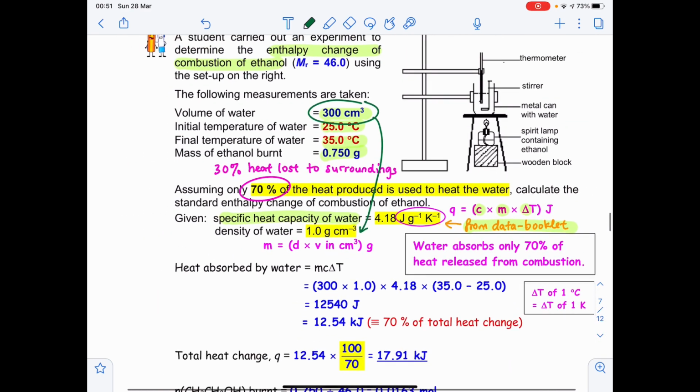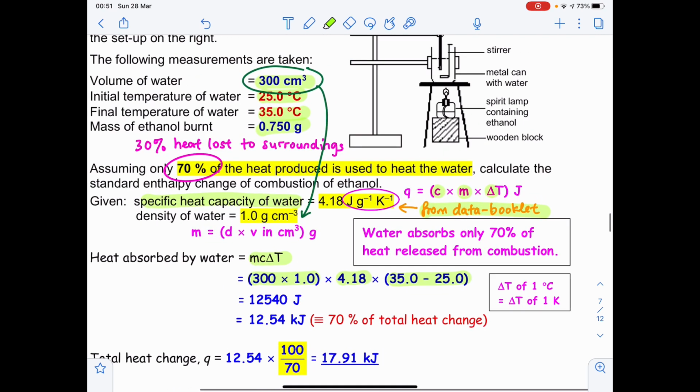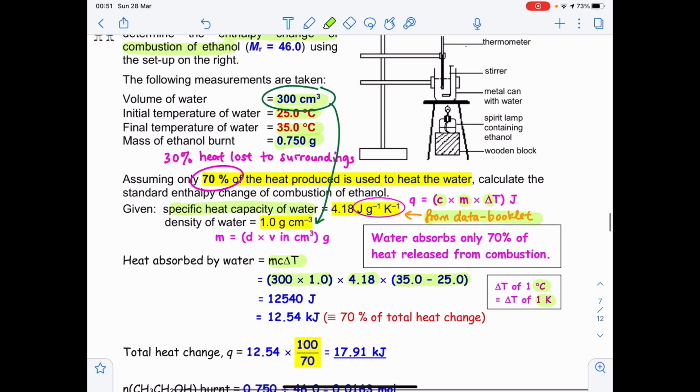So the heat absorbed by water will be equal to mcΔT, where m is the mass of water in the metal can, given by 300 times density, times 4.18, times the temperature change, 35 minus 25. The temperature change in degrees Celsius is the temperature change in Kelvin, so do not add 273 to a ΔT value.